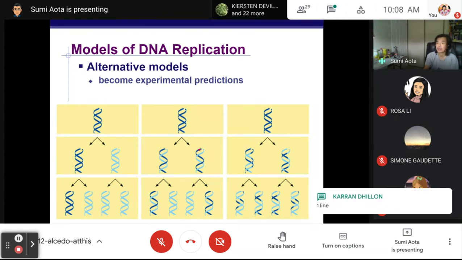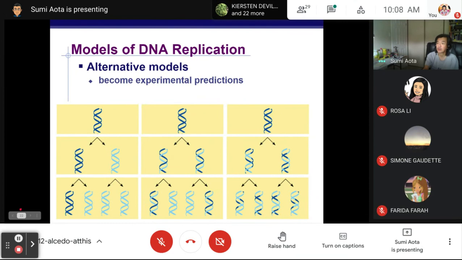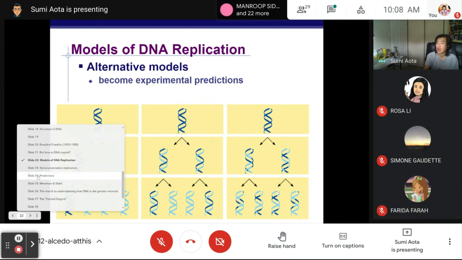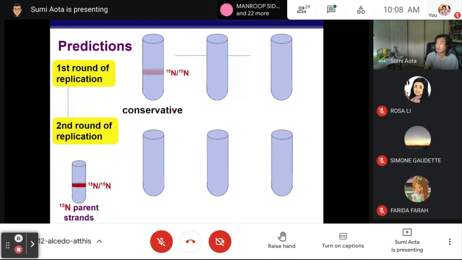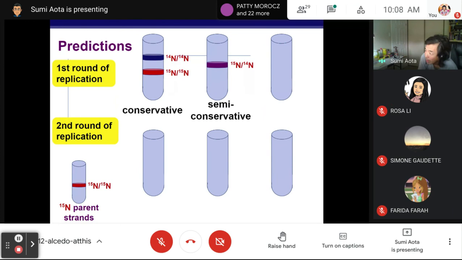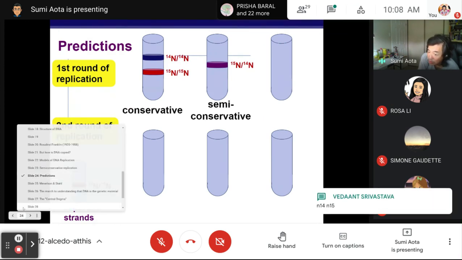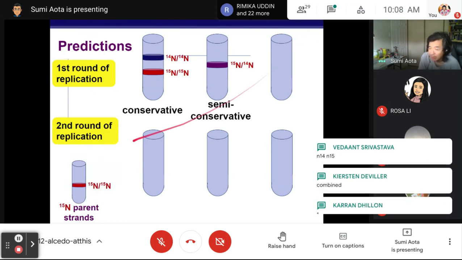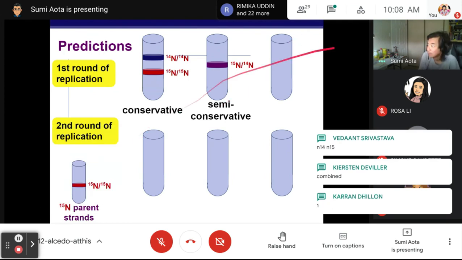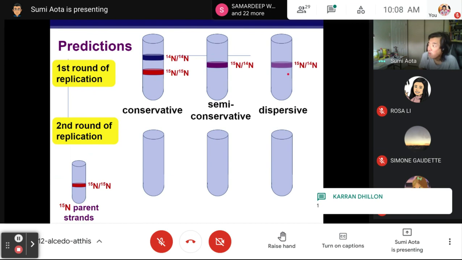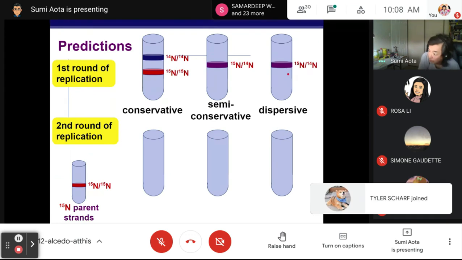This will also be a combined N14/N15. So what you should actually see will be one line at N14/N15. What about the last one, when it's dispersive? What should you see? Because they're going to be combined, it should be one line.